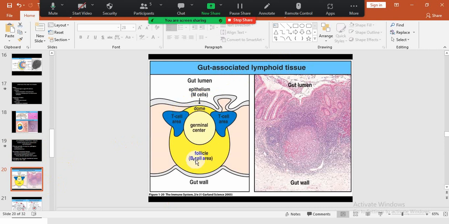We have the gut lumen here, the gut wall. Germinal center is where the T cells or the B cells are activated. Whenever you hear follicle, that is where the B cells reside. Then the T cells also stay in the T cell area. So this is a lymphoid tissue in the gastrointestinal tract.